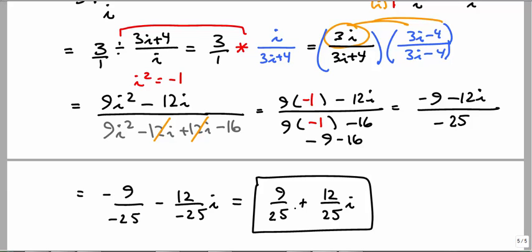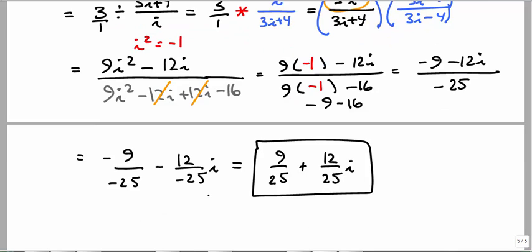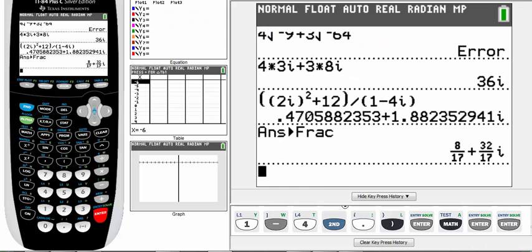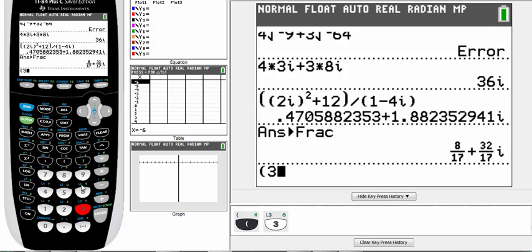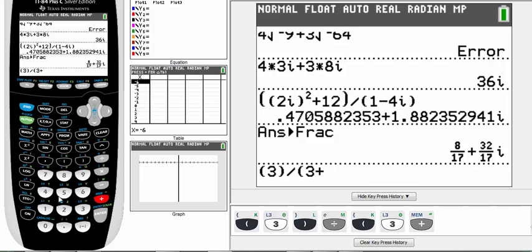So next, let's go ahead and check this with our calculator. The tricky part for this one will be getting it into your calculator correctly. So let's put the numerator in parentheses, 3 over, let's put the denominator in parentheses as well, 3 plus 4 divided by i.